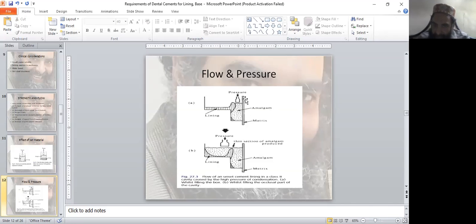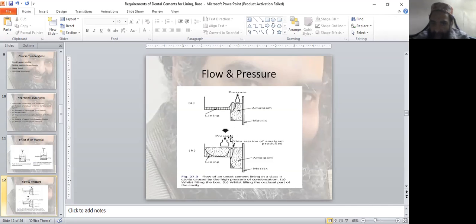This is the matrix, this is the lining material, we are going to press it. So what is going on? Again, the pressure exceeds, it will disrupt or push the lining material towards the sides.